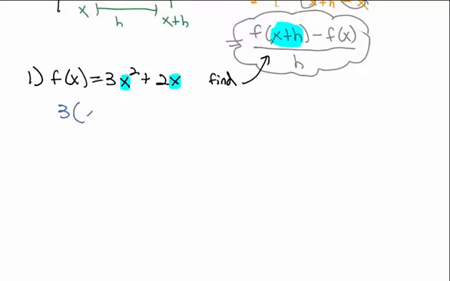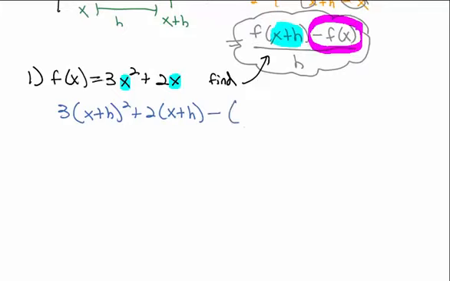So we've got 3 times x plus h squared plus 2 times x plus h. Next part is we're going to subtract the entire f of x. So we will subtract in parentheses, this is important, when we subtract, we need parentheses, 3x squared plus 2x. And this is all over h.